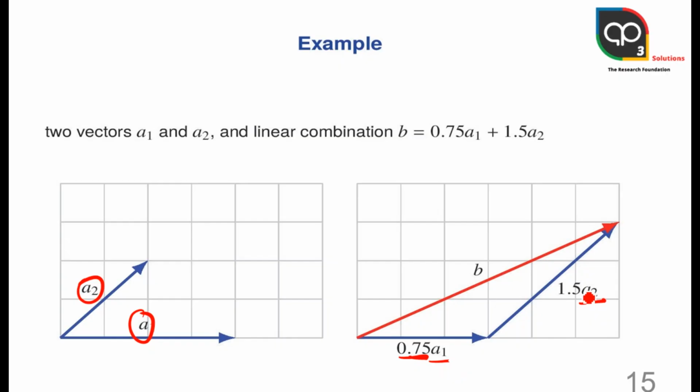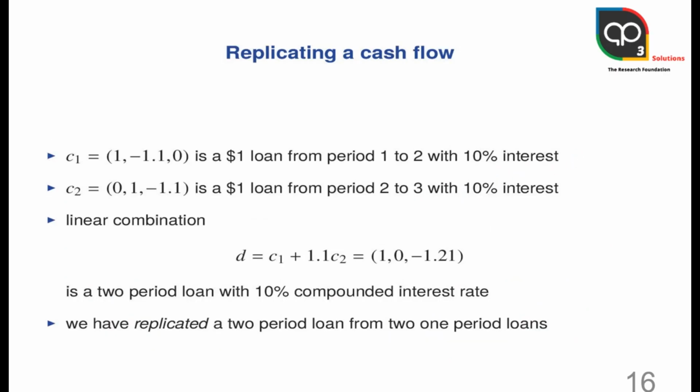So when we just made here towards the summation of b, which is equal to 0.75 a1 plus 1.5 a2. And dear friends, here let me just represent this in a cash flow replication. Suppose that C1 till Cm are vectors that represent cash flows, such as particular types of loans or investment.